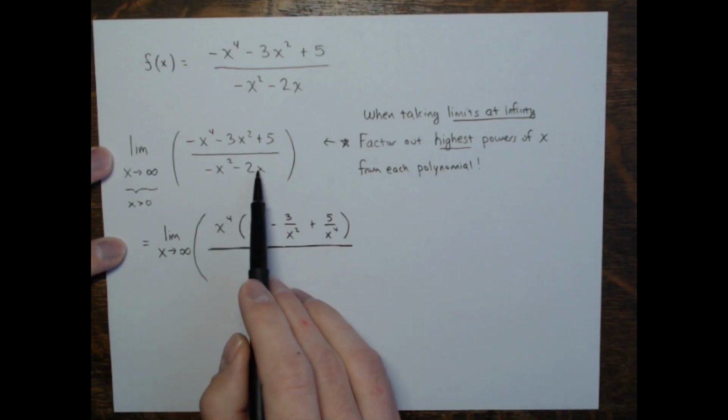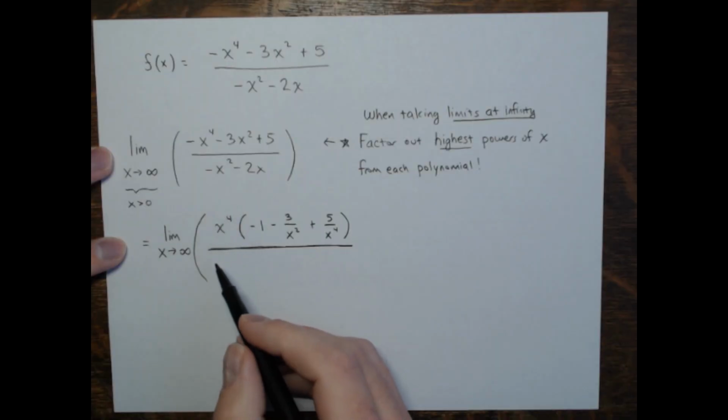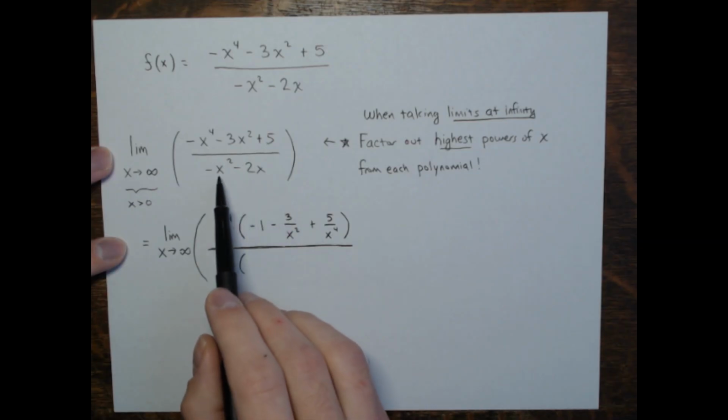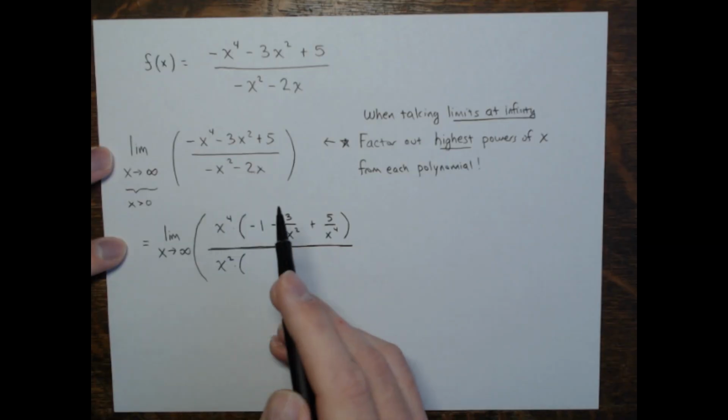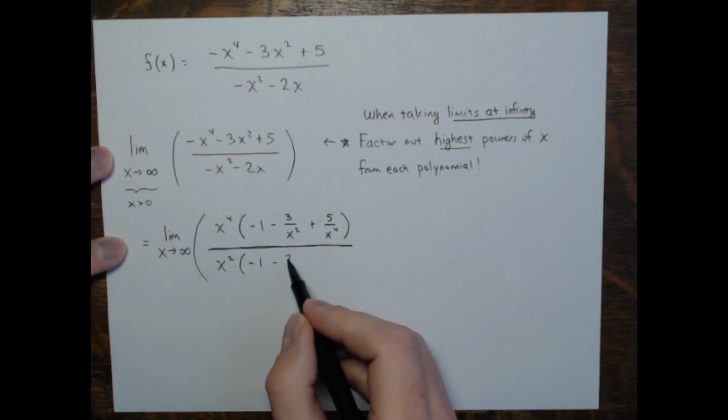And then in a similar fashion, from the denominator polynomial, factor out the highest power of x, the highest power of my input variable, which is x squared. So I factor x squared out, so now you have x squared times, and then the remaining factor, again, just go through, divide each term by the thing you factored out, divide by x squared. So I'd have -1, minus, and then 2x over x squared would be 2 over x.